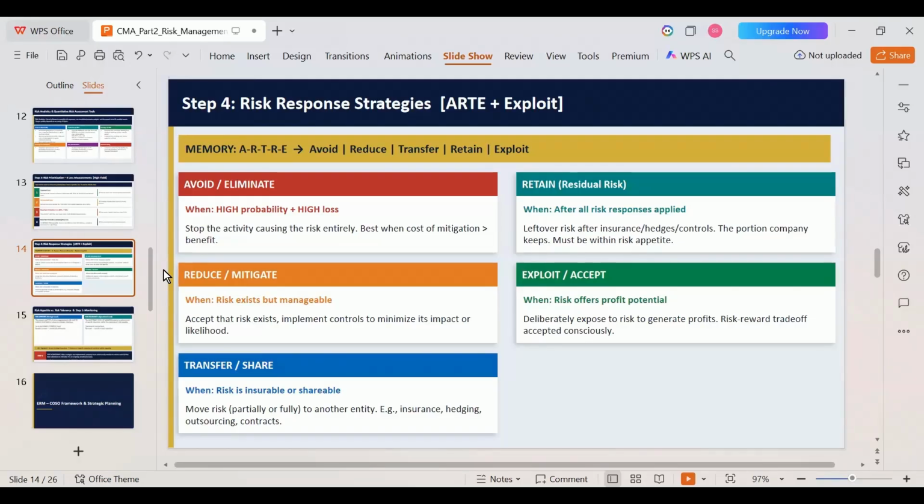Nobody will be interested in preparing risk response strategies for it. So when your cost is more than the benefit you get from the risk response strategy, your only choice will be to eliminate that risk. Then comes risk reduction or risk mitigation. So here we will plan to reduce the risk.